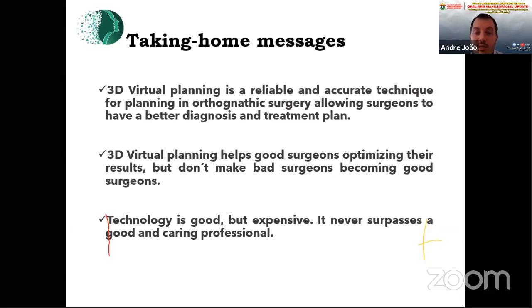It's a tool that gives us very important ways to analyze and plan. But the best thing is still a good analysis and a good look at the patient, dedicating your time to analyze them in the best way possible.